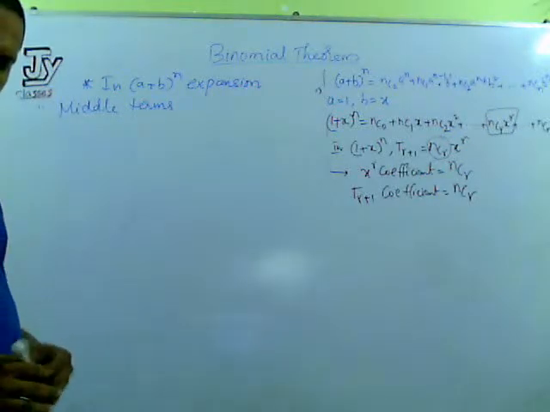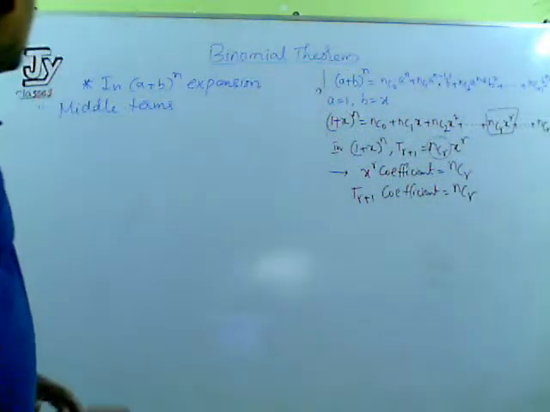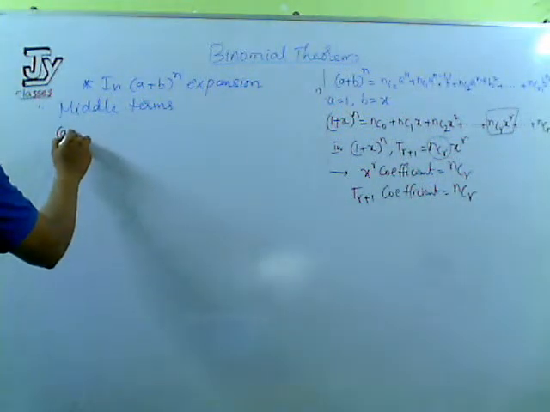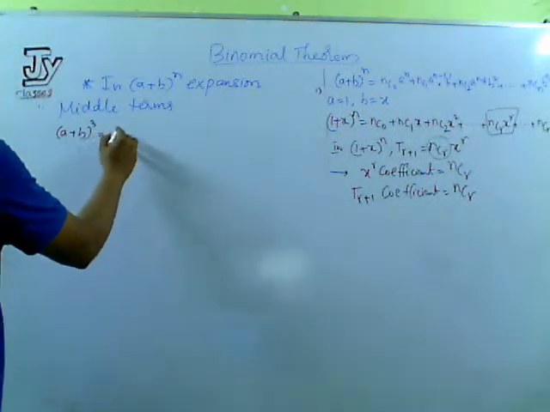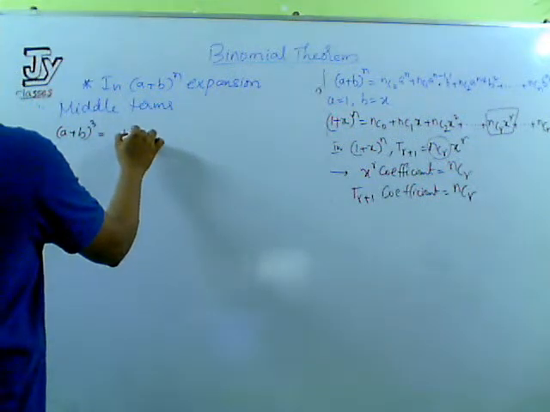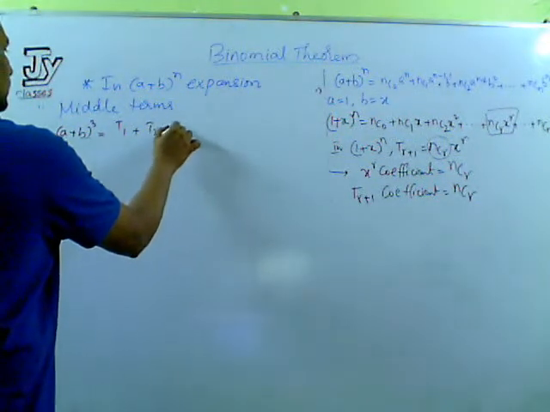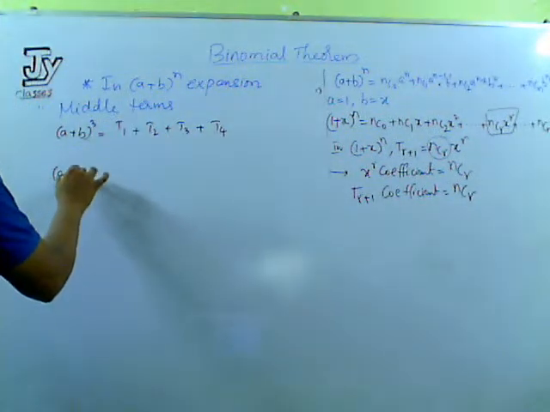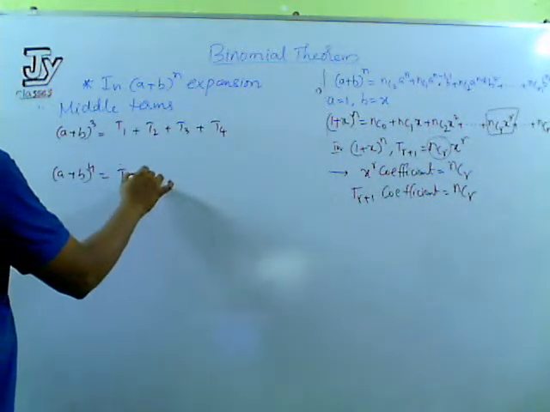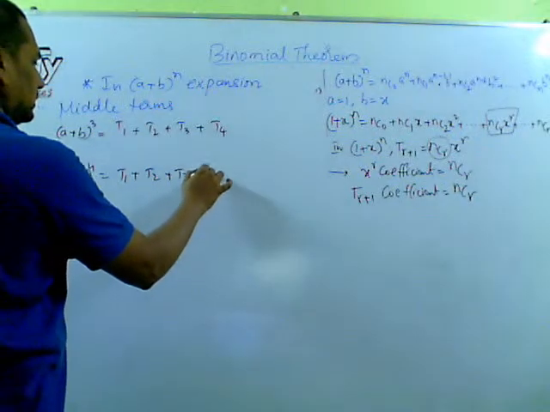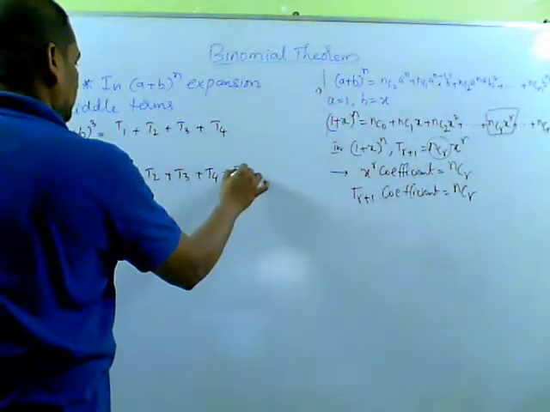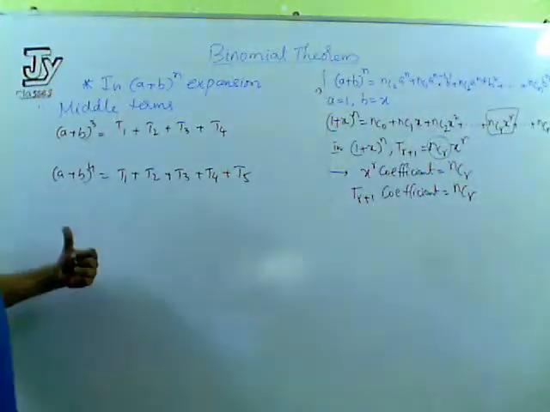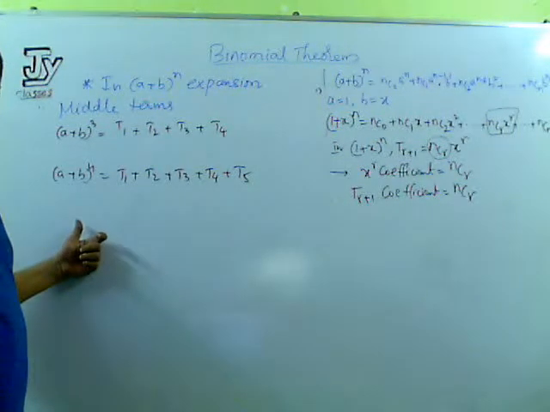Simply we can write the middle terms. (a plus b) whole power 3: T1, T2, T3, T4. (a plus b) whole power 4: T1, T2, T3, T4, T5. Because the (a plus b) whole power n expansion has n plus 1 terms.